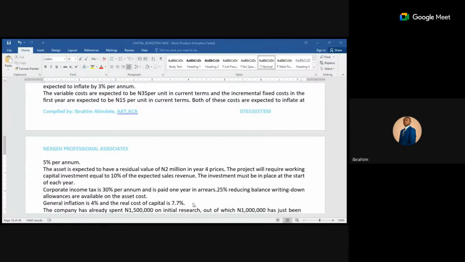In the first question, it was stated that the working capital will be in place at the beginning of year 2. That is why we put it in year 2. You can see. Now, in this one, working capital has to start from year 0. The investment must be in place at the start of each year.